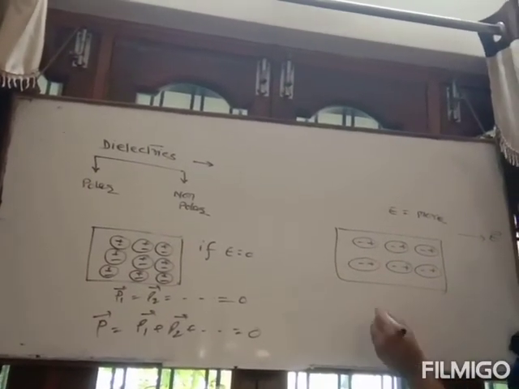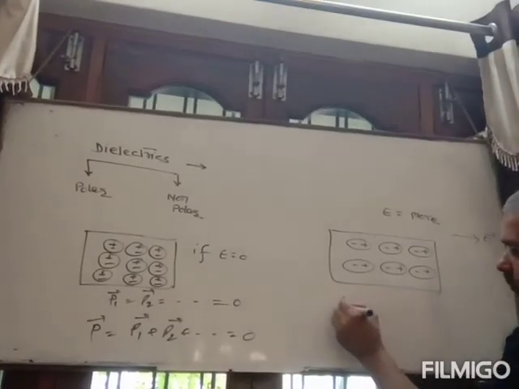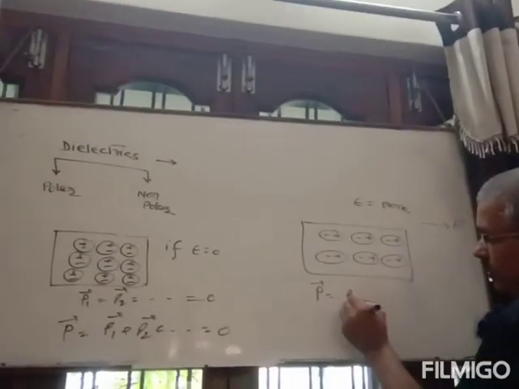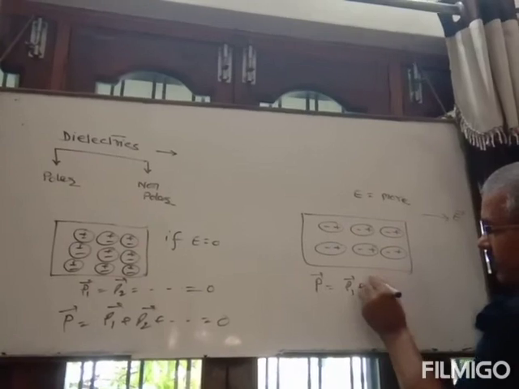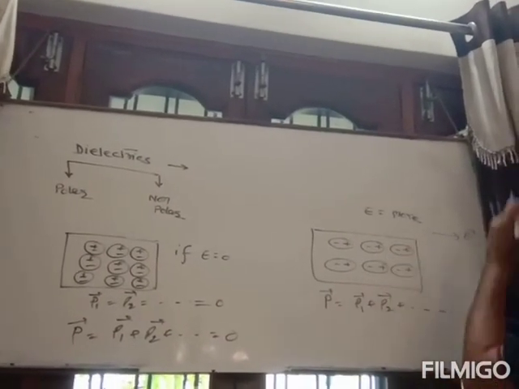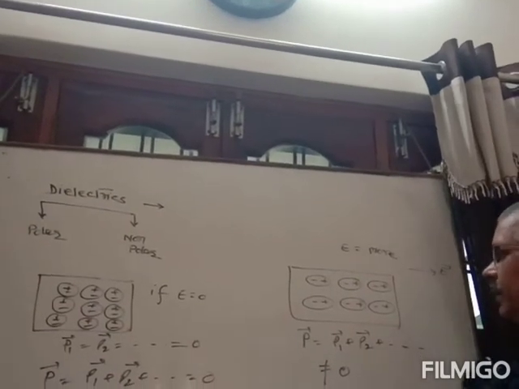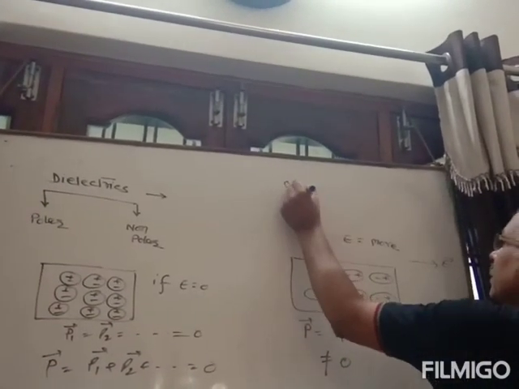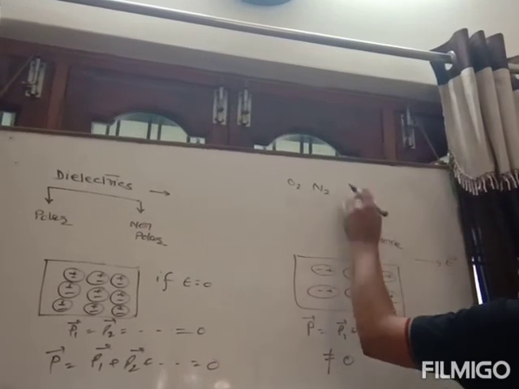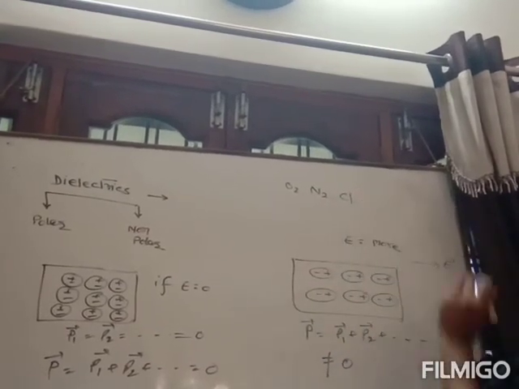So in this case, the resultant dipole moment is not zero, because they are aligned along the direction of the electric field. Examples are oxygen, nitrogen, chlorine, etc.